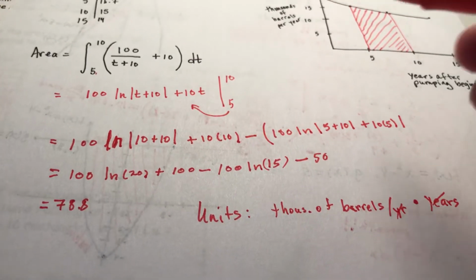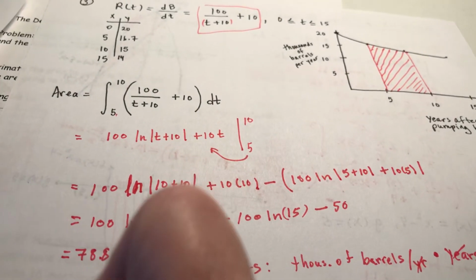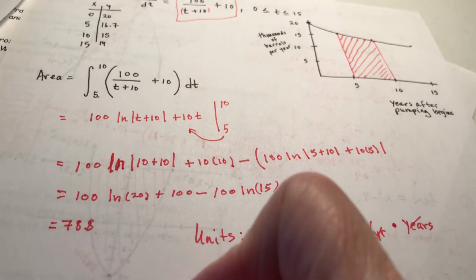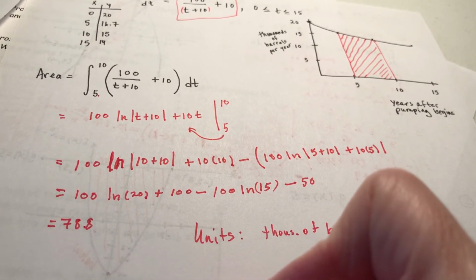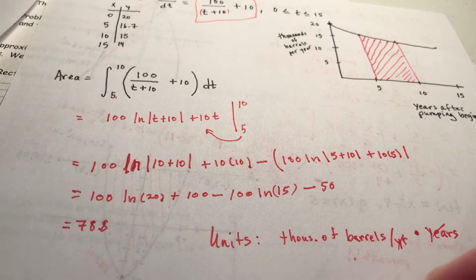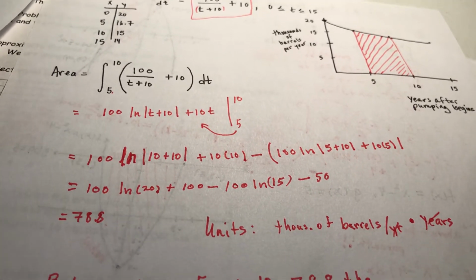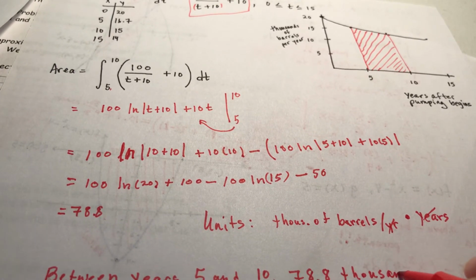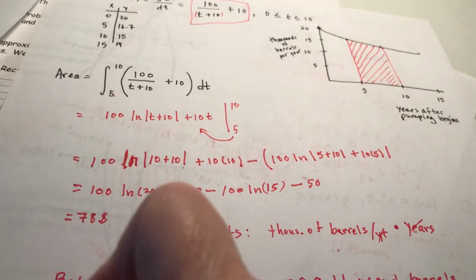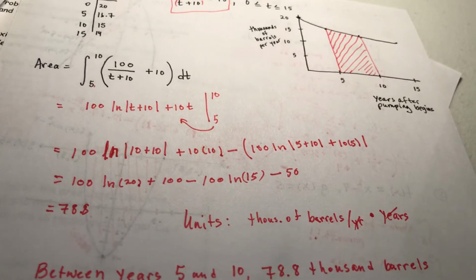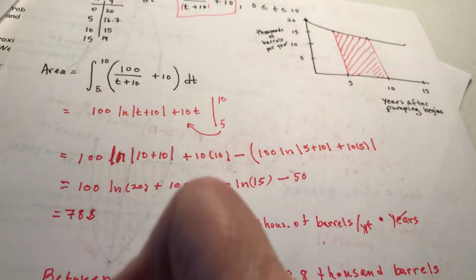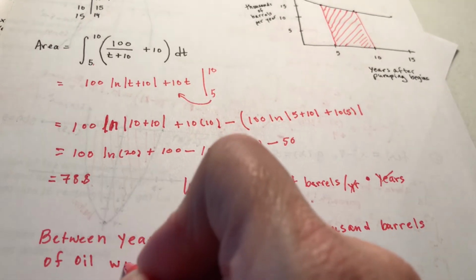So I would say between the years 5 and 10, 78.8 thousand barrels of oil will be pumped.